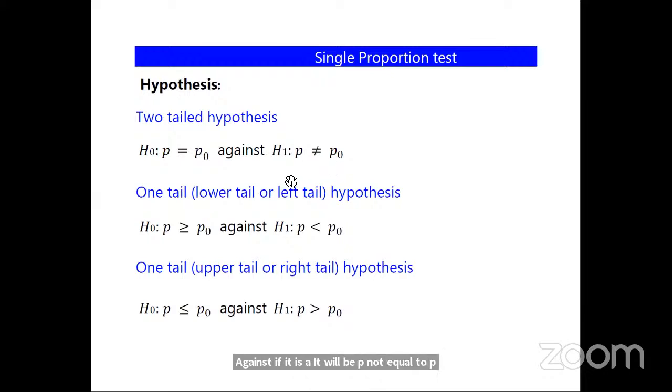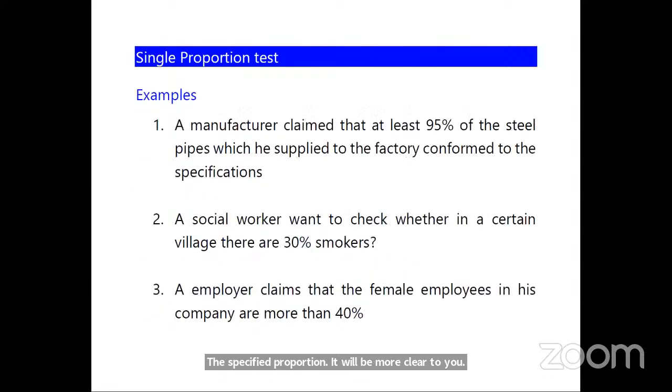If it is a one-tailed test, then the alternative hypothesis is P less than P0 or P greater than P0. P0 is the specified proportion. It will be more clear from examples, so let's see some examples.